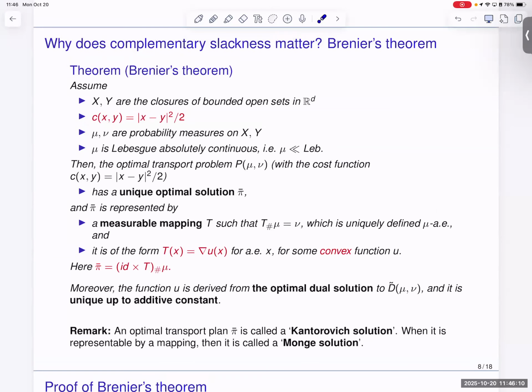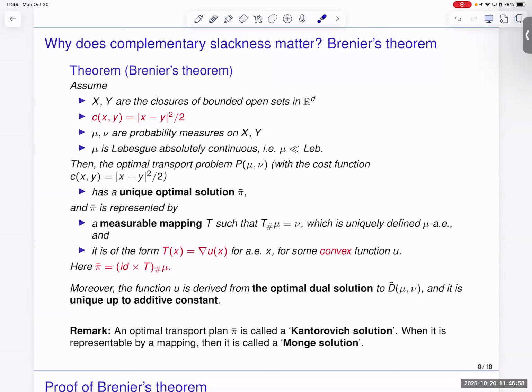So we are going to prove it now. Where should we start to prove Brenier's theorem?